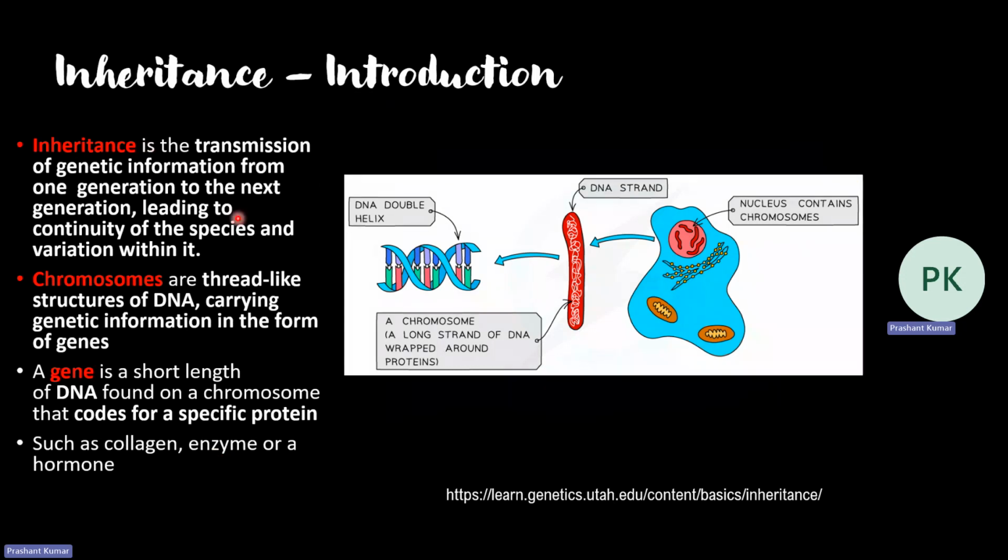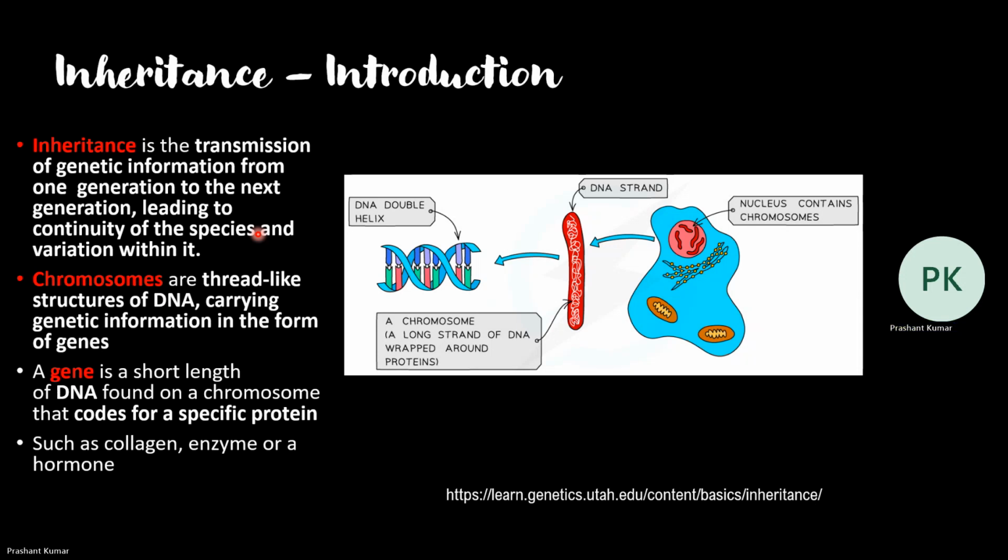So when we say inheritance, inheritance is a way how the genetic information is passed on from one generation to another generation, right? Which leads to continuity of the species and also brings variation in the generation. So it's very important that whatever information we have, we can pass exactly in the same order to the next generation, right?